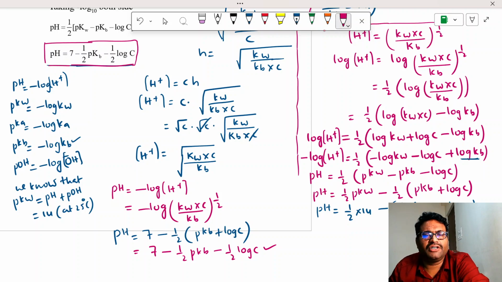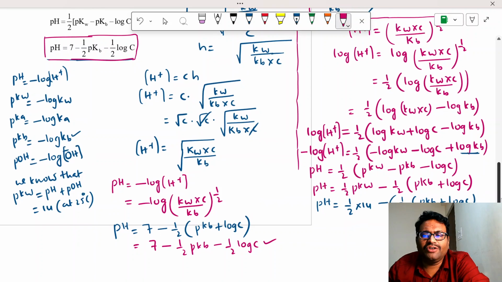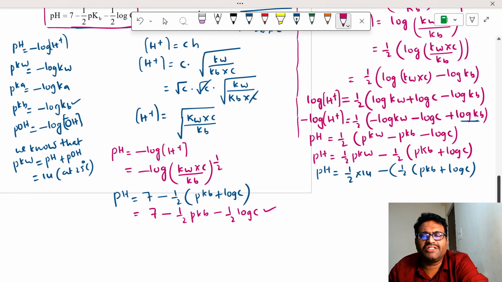Understood? Right? So what is the nature of the solution here? The nature of the solution is acidic. If the nature of the solution is acidic, then what will be its pH?